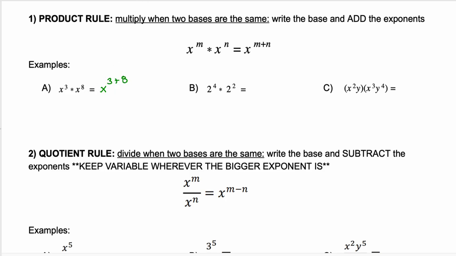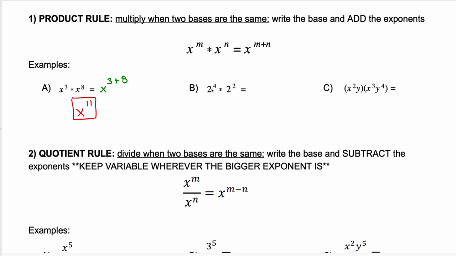Then we simplify this. 3 plus 8 is in fact 11, so we can rewrite this as x raised to the 11th power. And this is our final answer. This has been simplified. We're not solving because we're not solving for x. We are just combining our terms that we can.